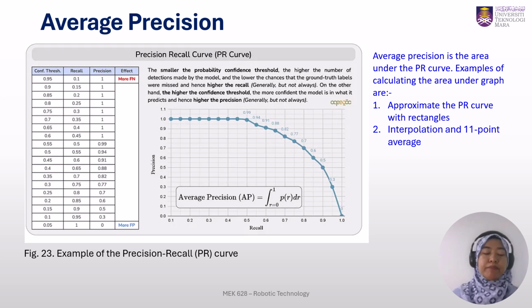So meaning that you have 11 points of data, and then you will see the average precision, which is the area under this graph. It will become the average precision of this object detection.